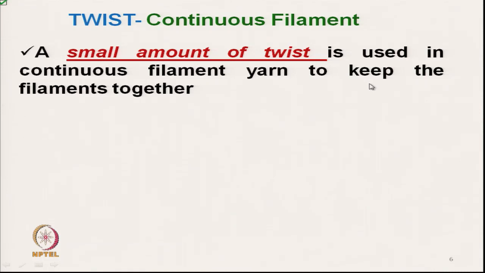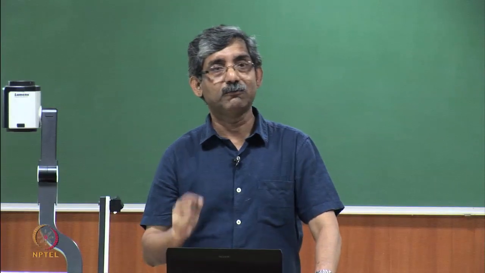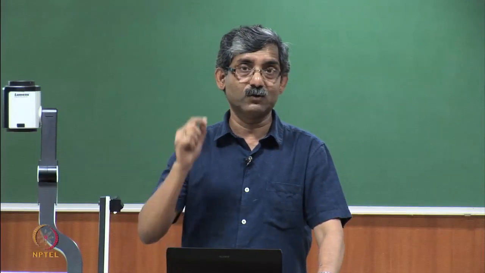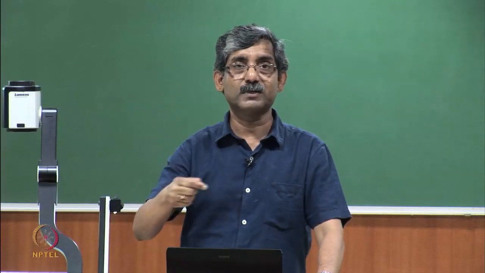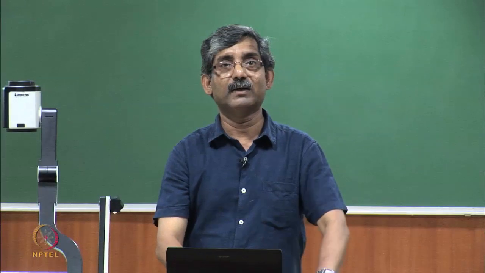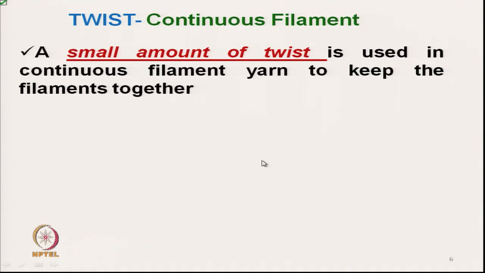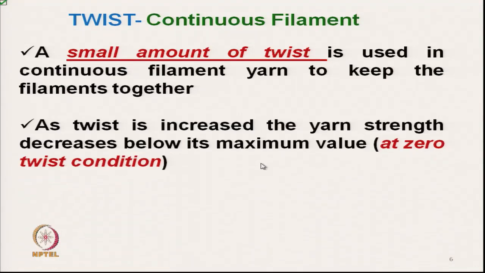So, it is important to keep the filaments together. That is why we do not use zero twisted multifilament, because it will create problems in the next processes like weaving and knitting. To keep the continuous filaments together, we impart a certain twist. As the twist increases, the yarn strength decreases below its maximum value at zero twist level.